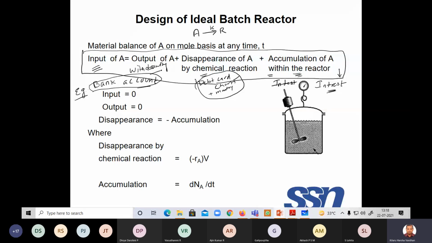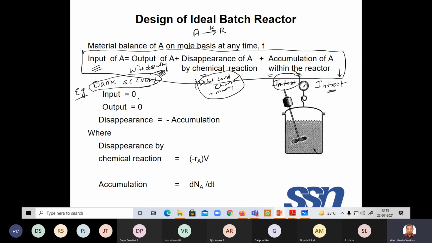Output, withdrawal, this you have to sign. If you sign only, they will give you money. So this is how the material balance is. Accumulation is what is generated inside.